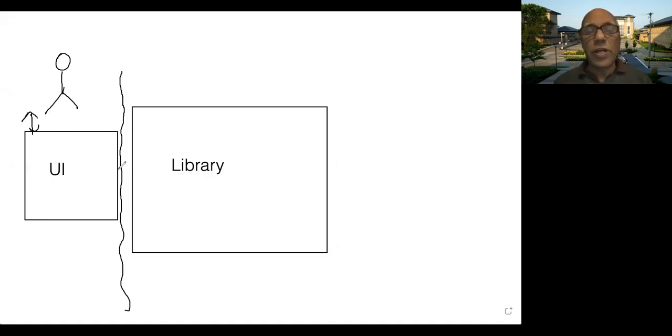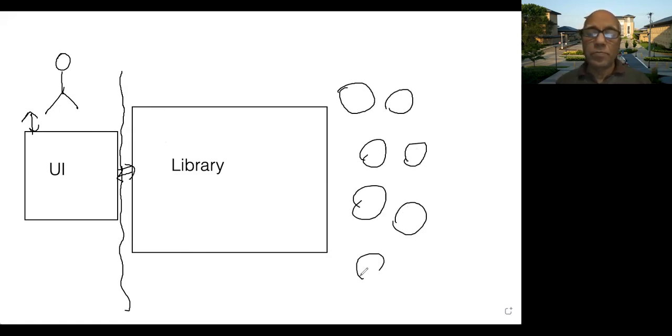And the UI is communicating with the library, inputting commands, getting responses, etc. And the library makes use of a large number of objects. They are sitting here. So the library knows about all these objects.